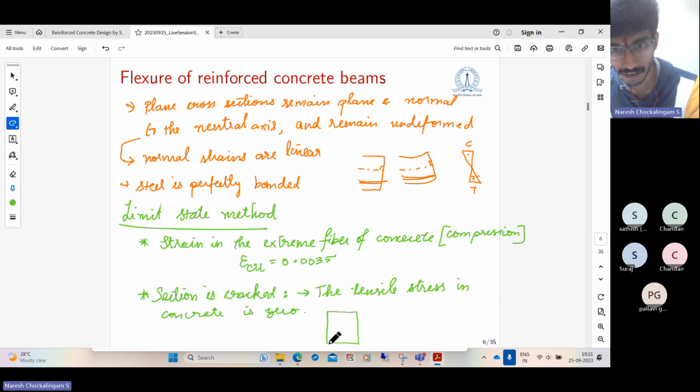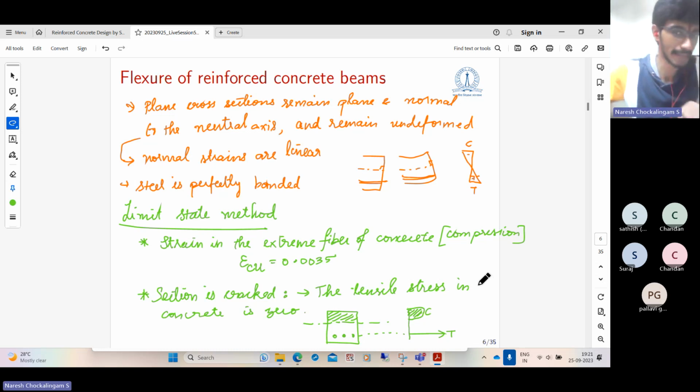So if you have the cross section like this with some reinforcement and the neutral axis somewhere here, only this section of concrete contributes to the bending moment at all. Below the neutral axis, the concrete will be under tension, but at very low tensile stresses, the concrete cracks and it cannot take any more stress. So the stress is 0 in concrete everywhere below the neutral axis. We only have a compressive stress above the neutral axis. And below, there is no tension in concrete, so we only have tension in the steel bars. This is the tension in the steel bars. This is compression in concrete. These are the basic assumptions.